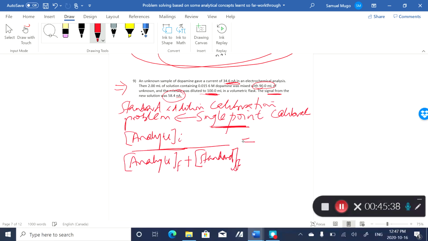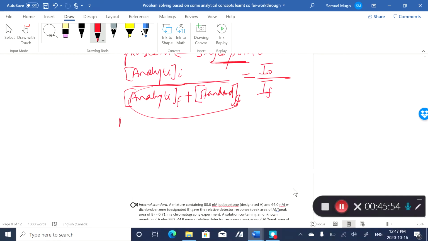And you're getting the signal. Maybe I'll just call it intensity or signal initially. And it corresponds, of course, to the signal final. So our relationship here is going to be the dopamine, that's what you're trying to analyze.